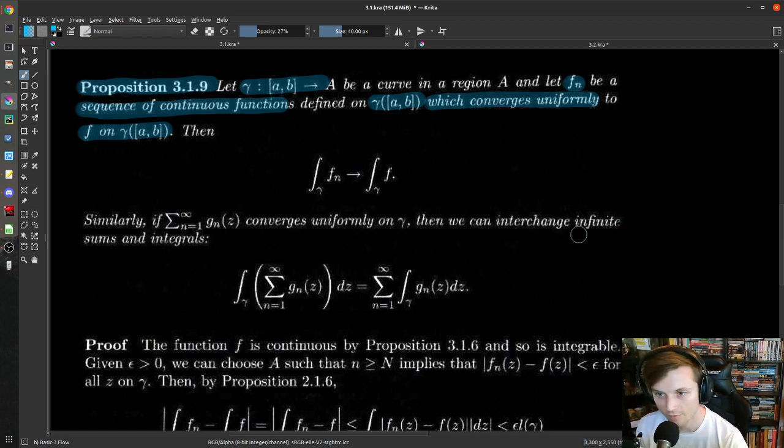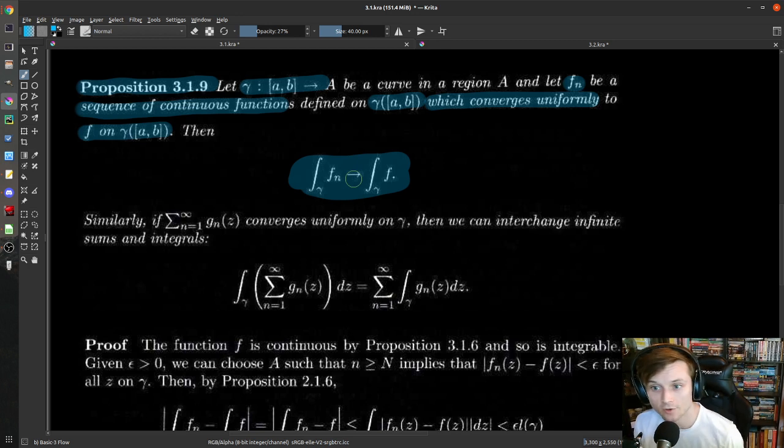Then what we're saying is that the contour integral about gamma of these f_n converges to the contour integral about gamma of f. That is, the sequence of contour integrals converges to that contour integral.